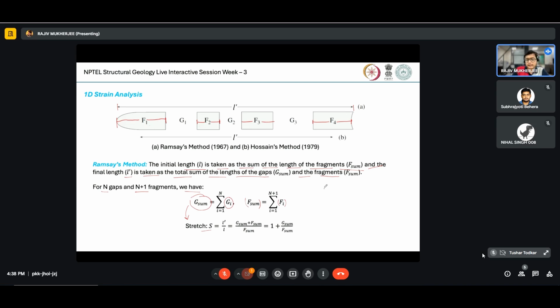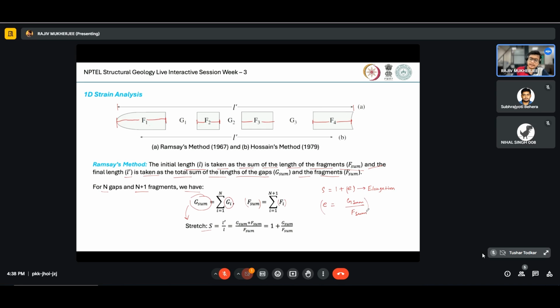Now as you know, stretch is equal to 1 plus E, and this E is the elongation, right? So if E is the elongation, then as per our formula, the elongation must be the sum of the total length of the gaps divided by the sum of the total length of the fragments.